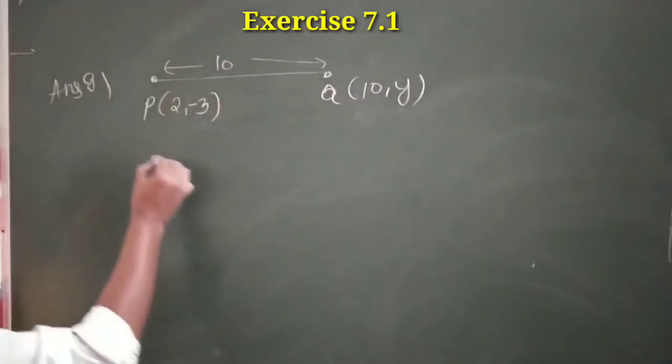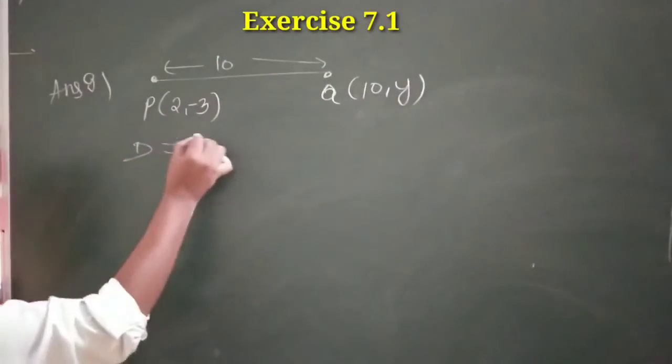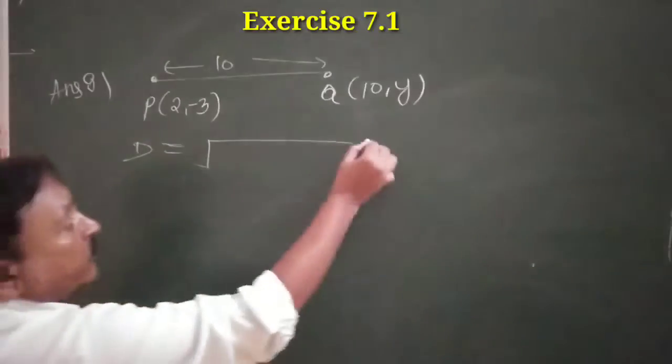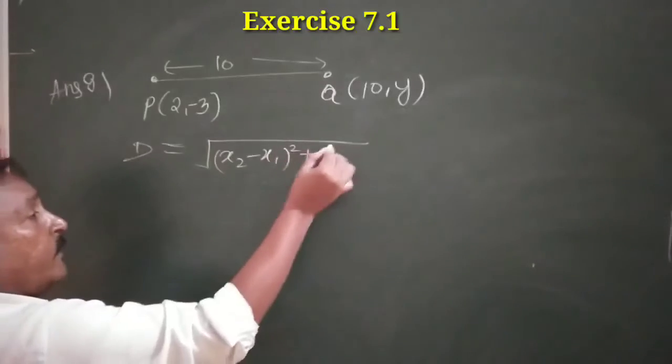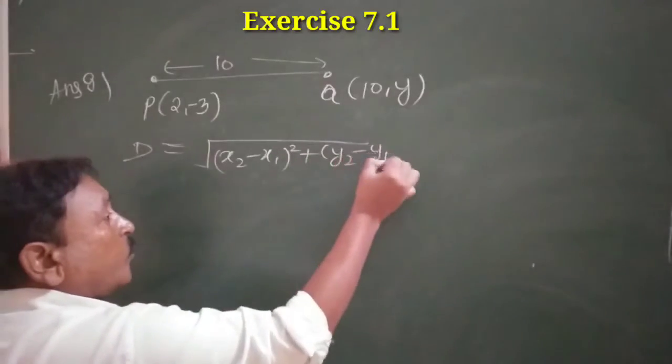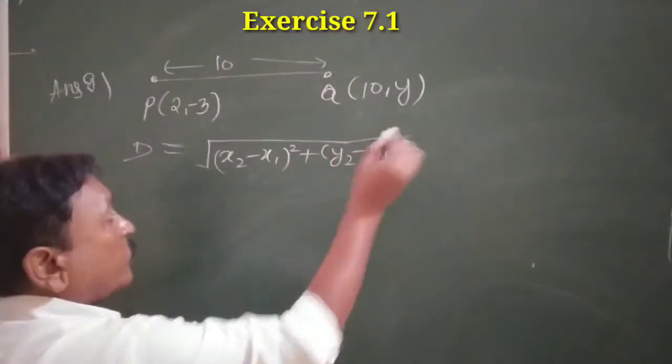So we can apply the distance formula here. What was the distance formula? Distance equals the square root of (x2 minus x1) whole square plus (y2 minus y1) whole square.